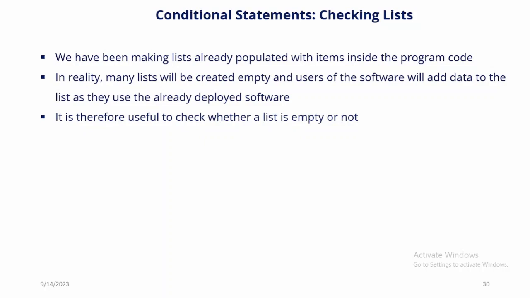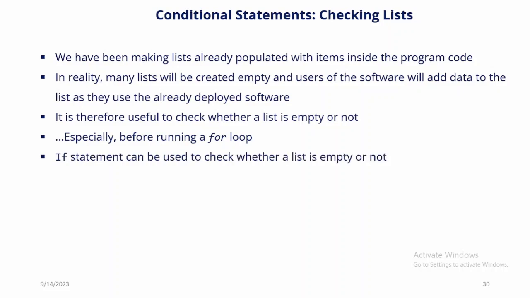So it is therefore useful to check whether a list is empty or not, whether an item is in the list, and how many items are inside the list. Especially before running a for loop, you need to know whether a list is empty or not. An if statement can be used to check whether a list is empty or not.